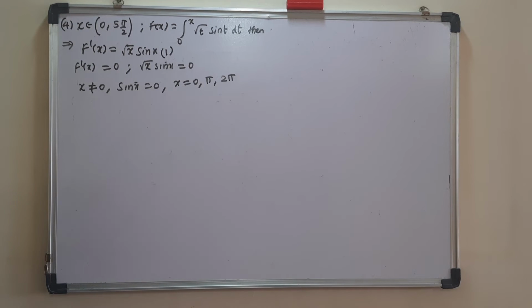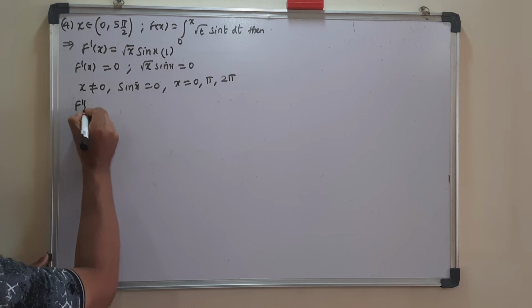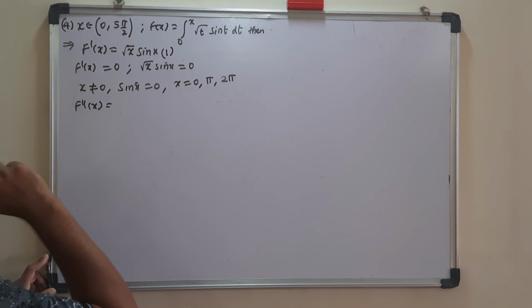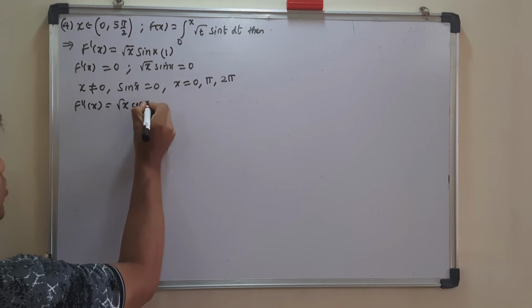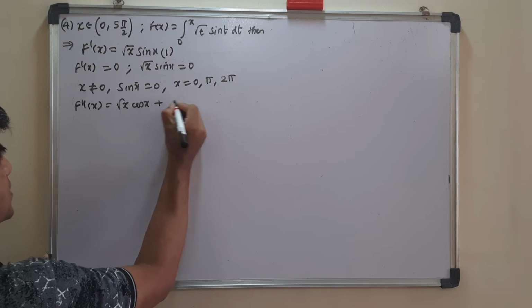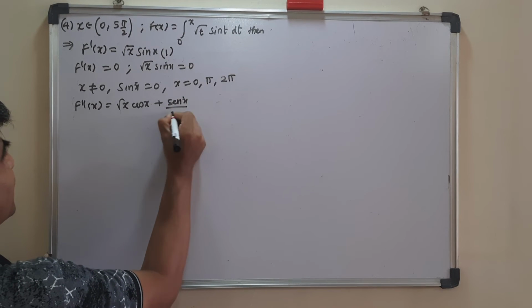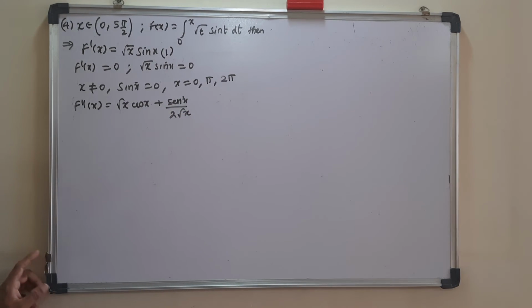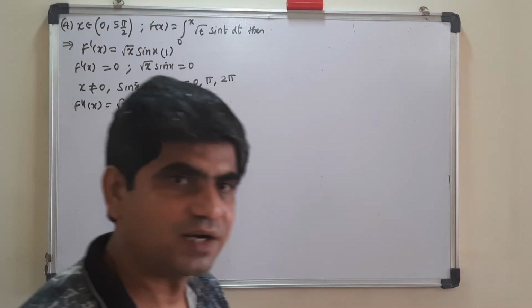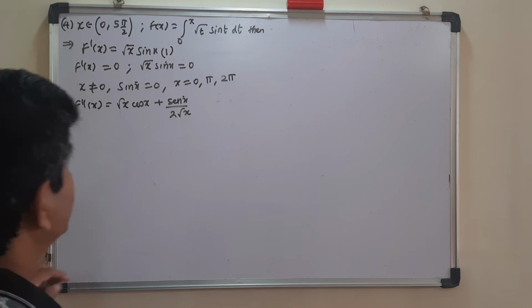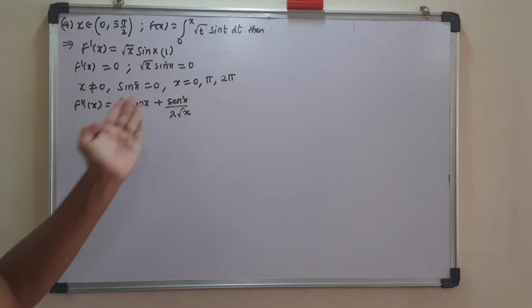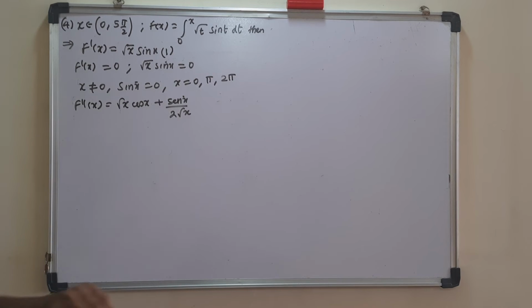For that I will be taking my second derivative first. So the second derivative obviously will be root x into cos x plus sin x upon 2 root x. That is first function into derivative of second function plus second function into derivative of first function. Now I will check the behavior at 0, pi and 2 pi.